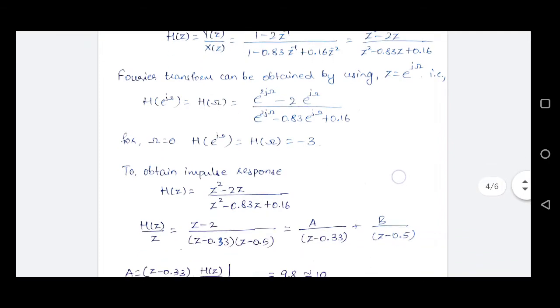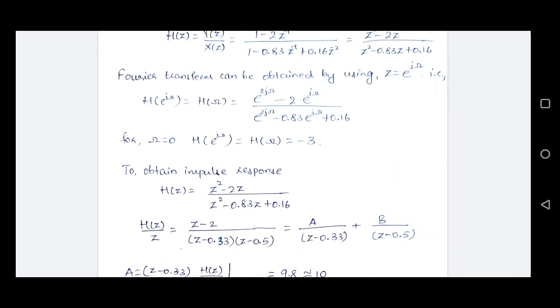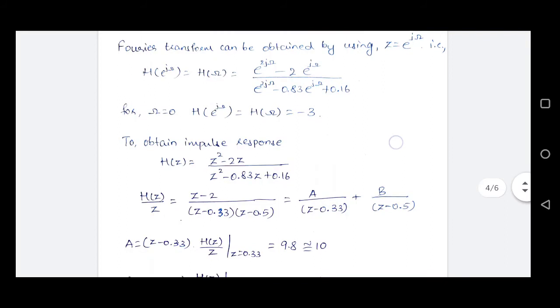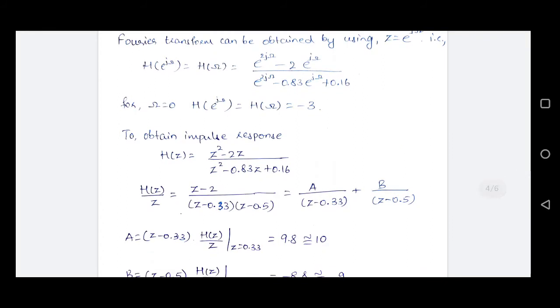Now to obtain the impulse response, we'll consider the system function described by H of z equals z square minus 2z divided by z square minus 0.83z plus 0.16 and rearrange this to apply the partial fraction expansion method. H of z divided by z equals z minus 2 divided by z minus 0.33 and z minus 0.5.